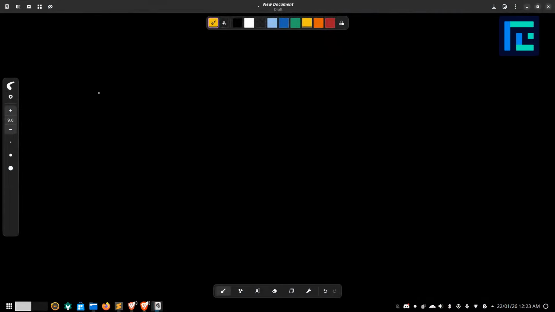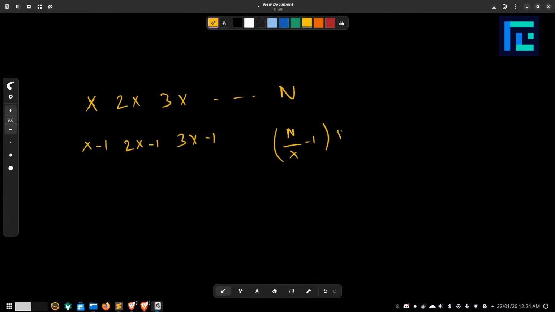So we have this permutation, x, then 2x, then 3x till n. Before that we have x minus 1, 2x minus 1, 3x minus 1, till n by x minus 1 into x minus 1. So yeah, don't confuse yourselves with this.